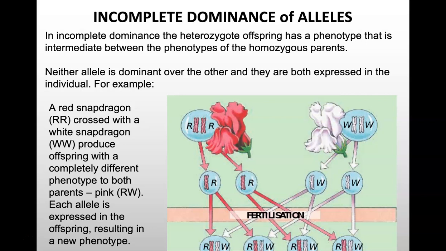And you can see that each of their offspring will have one of those alleles each, capital R and a capital W, and so therefore they'll have an intermediate phenotype different to both of the parents. So the RW combination would provide a pink colouring rather than a red or a white.